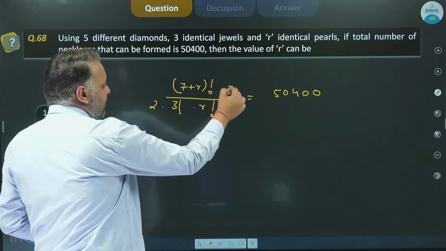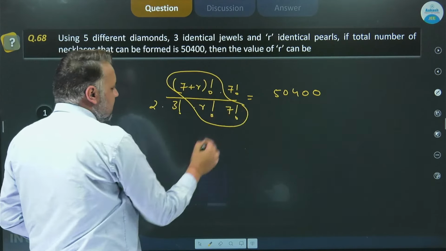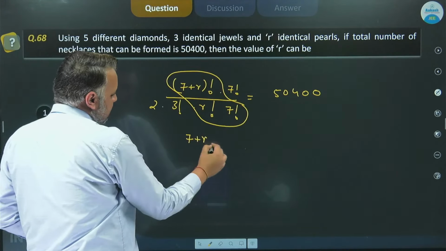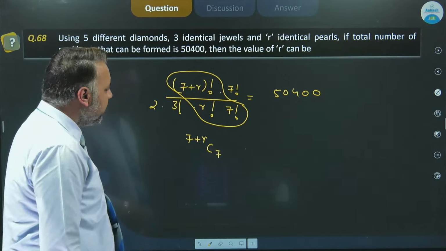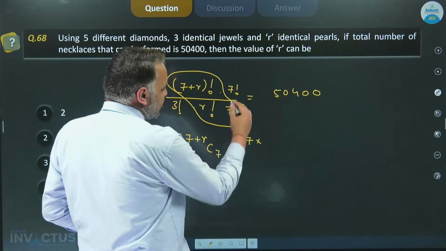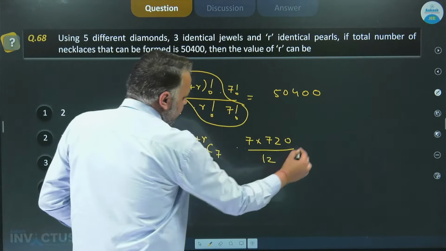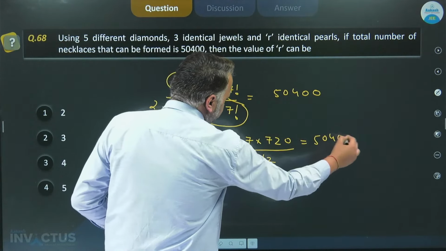Now multiplying this by 7 factorial and dividing, we can write this down as 7 plus R C 7. And the remaining value is nothing but 7 into 6 factorial, that is 720, divided by 12, is equal to 50400.